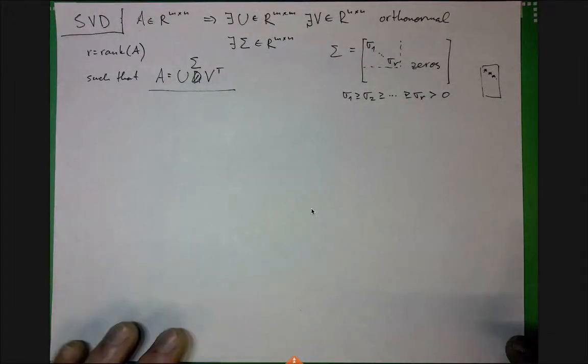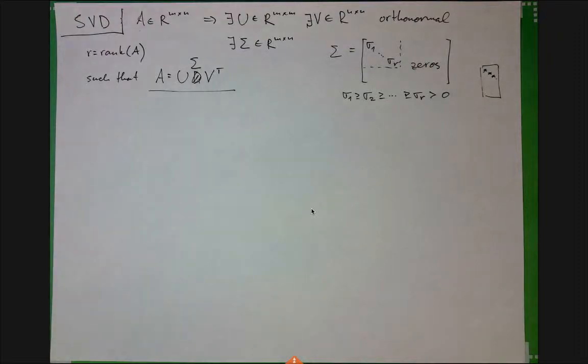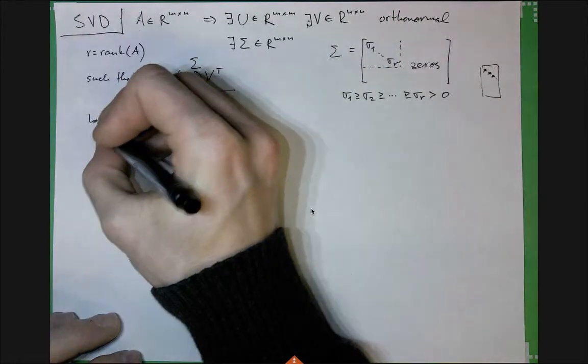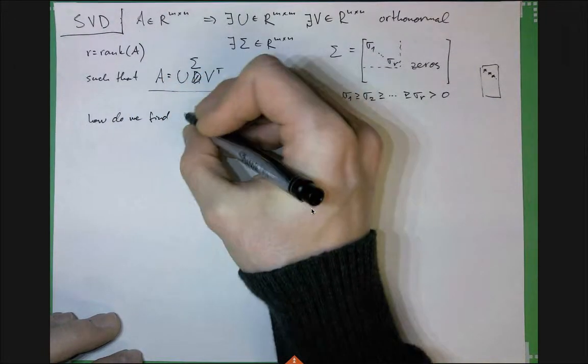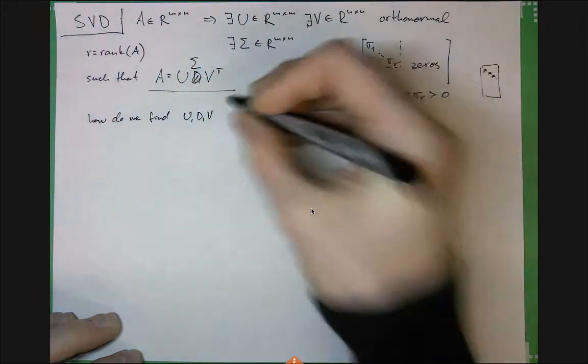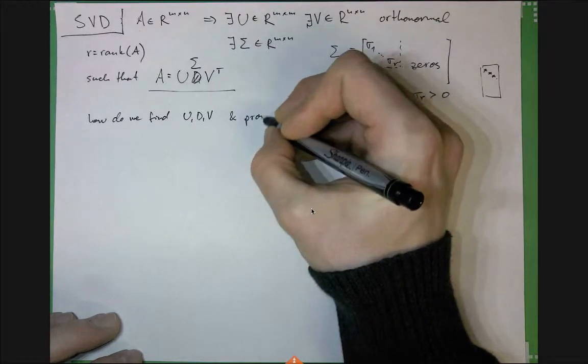Okay, so I tried to describe how it works the last time, but I think we still need to do it in the general case. So the question now is, how do we find the U, D, and V and prove that it's always possible?